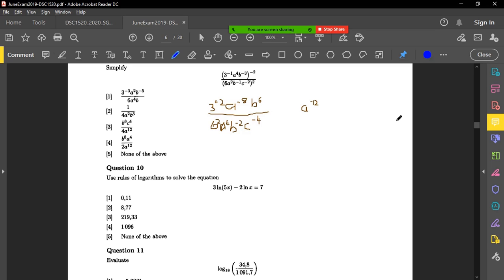And then B, that is 6 minus 2, so that would become 4. No, it's 6 minus 2, because remember the exponent is negative. So then it would become 8.